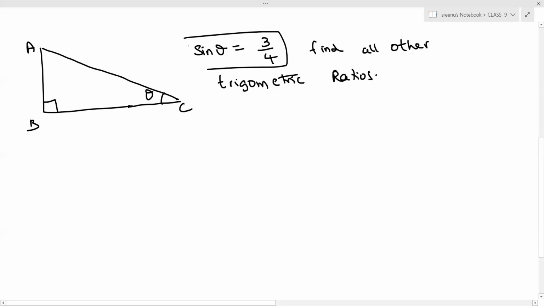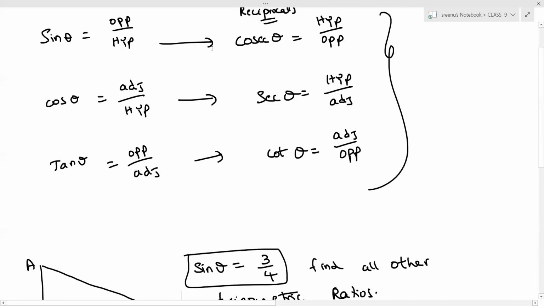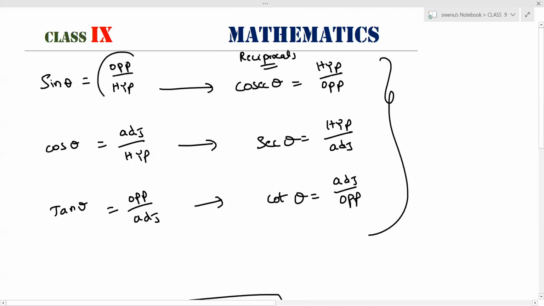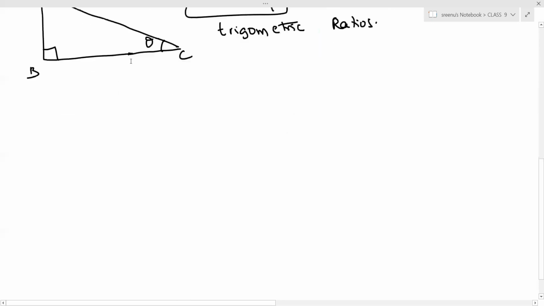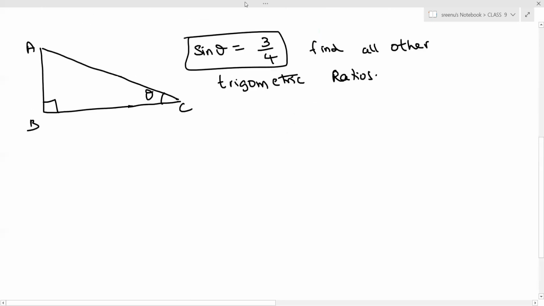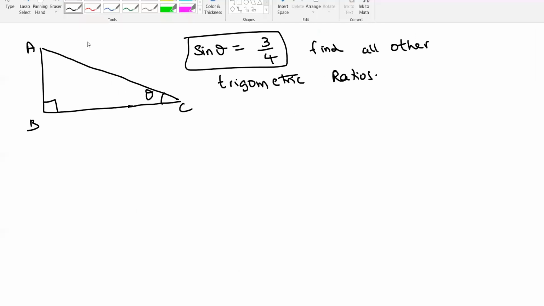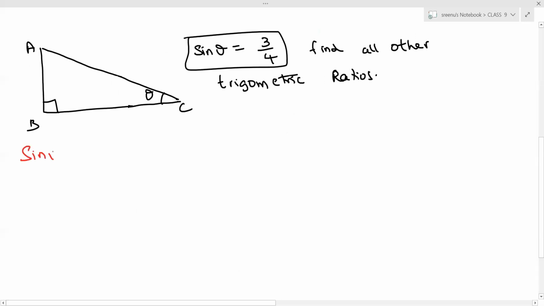So first you know the definition. What is the definition of sine theta? Opposite by hypotenuse. You have to write the definition here. Sine theta is equal to 3/4, which is opposite by hypotenuse.